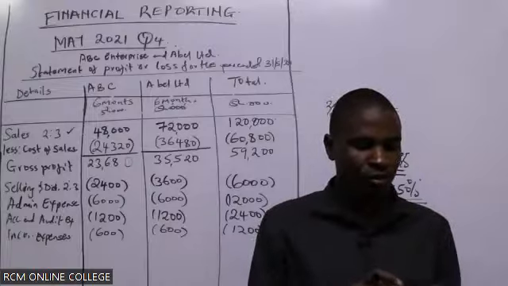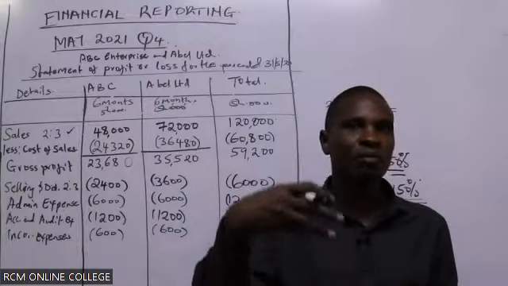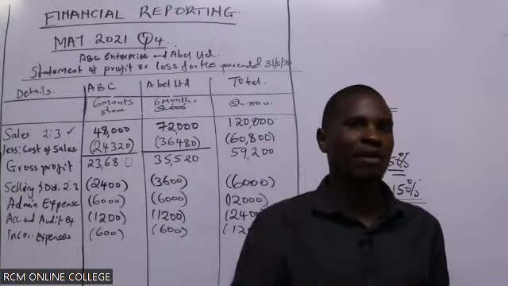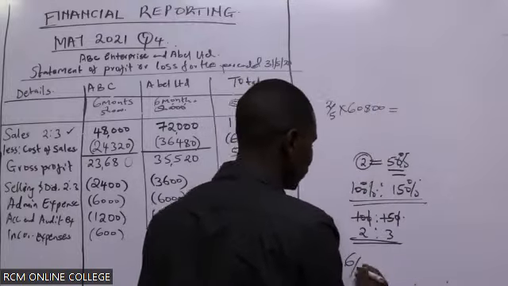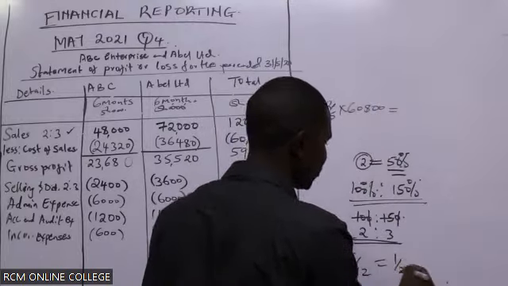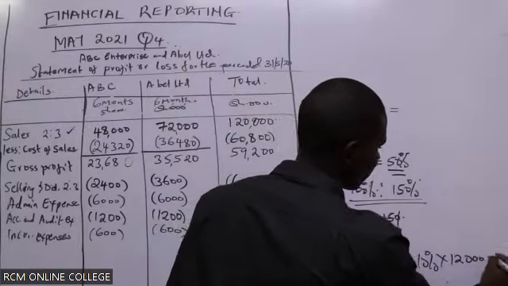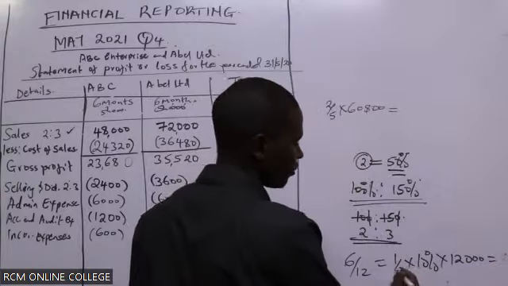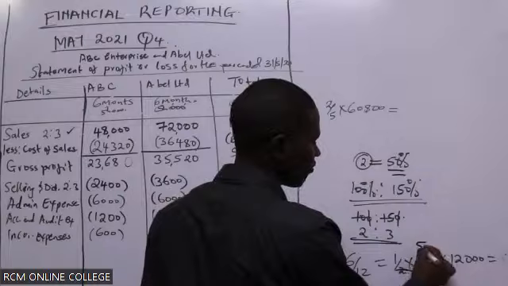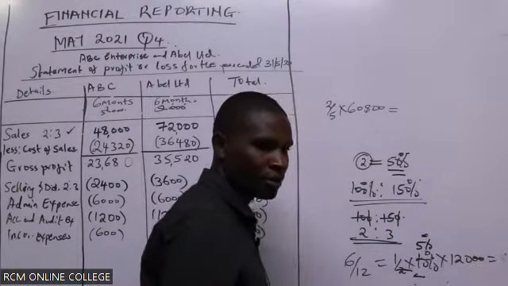So it will be for 6 months. It will be 10% of 12,000 times a half, or times 6 over 12. What do we get? 600.